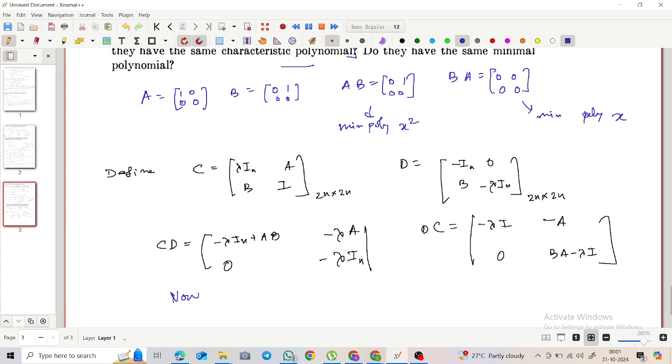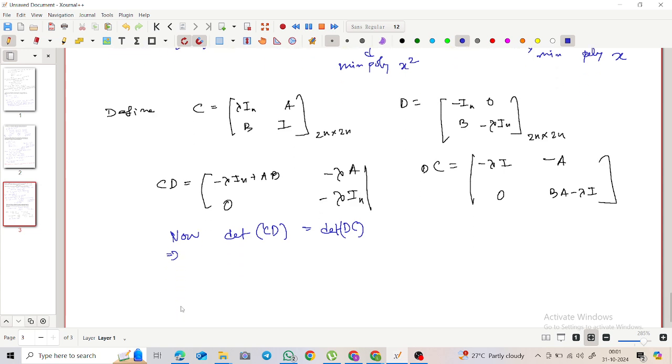Now determinant CD equals determinant DC, right? So what is determinant CD and what is determinant DC?